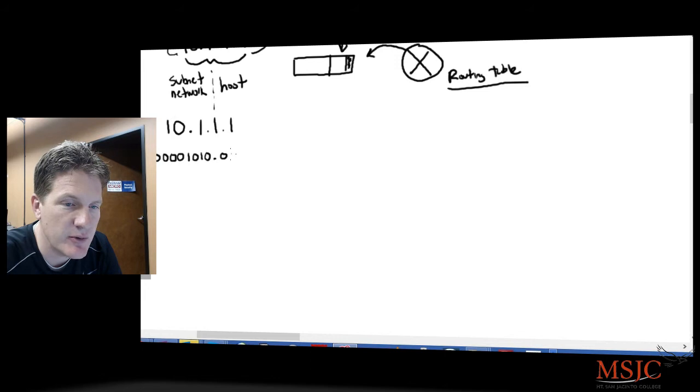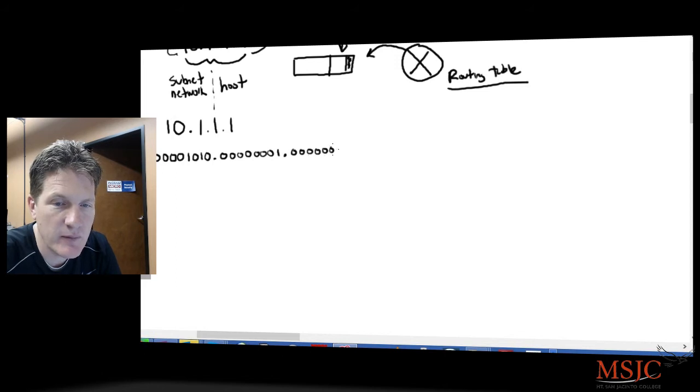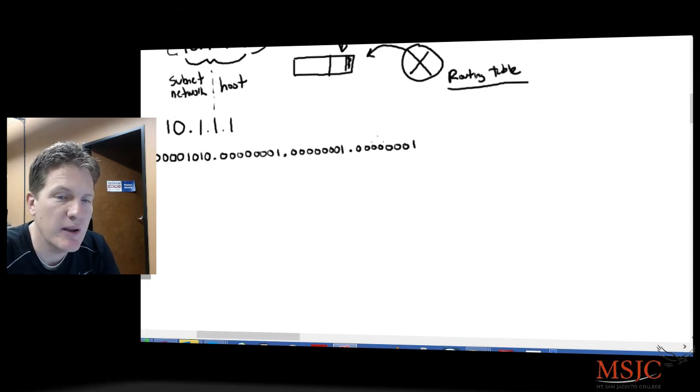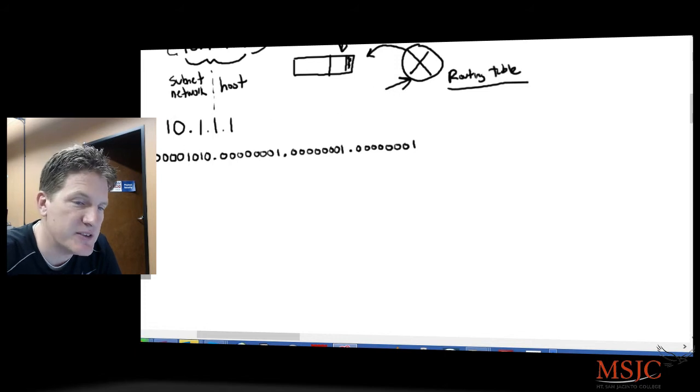And then we'd have 0, 0, 0, 0, 0, 0, 0, 1, and then we would just repeat. So this is the binary equivalent of 10.1.1. So the router, this routing device right here, would inspect this destination IP and be able to make a decision.